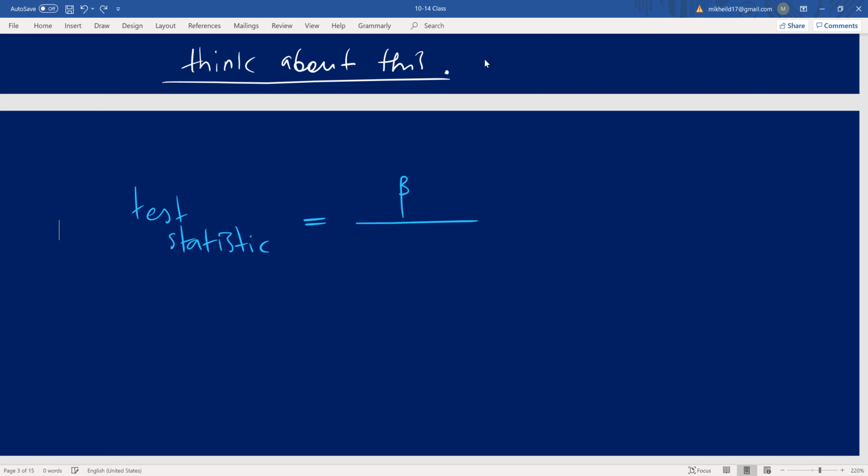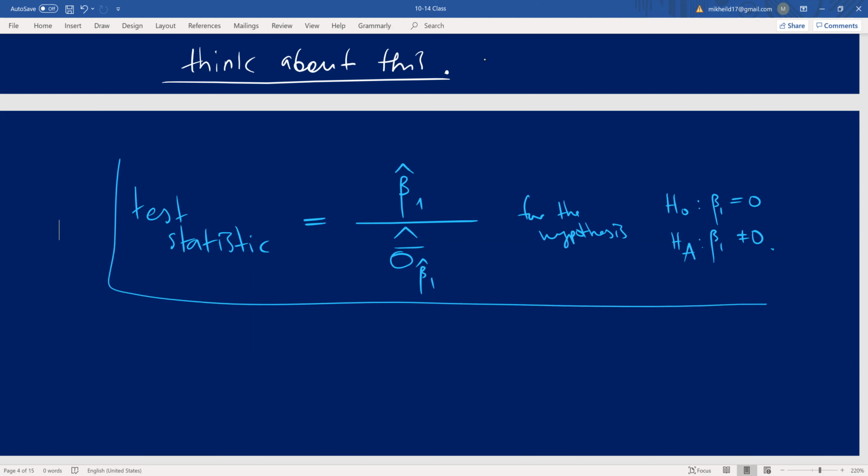Not for beta 1, it will be beta hat 1 divided by sigma hat of beta hat 1. This test statistic is for which hypothesis? Can you remind me? H0, where beta 1 is 0. Very good, guys. I'm glad you understand.